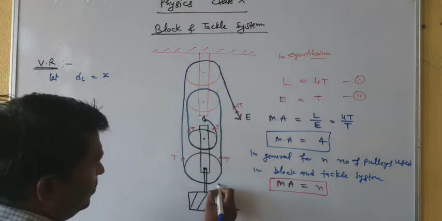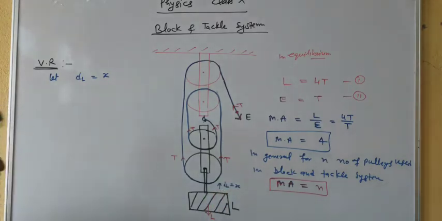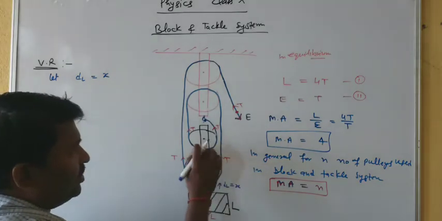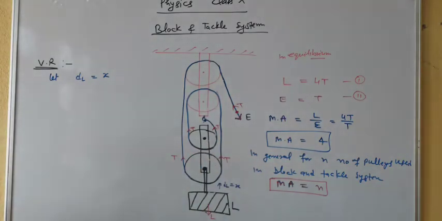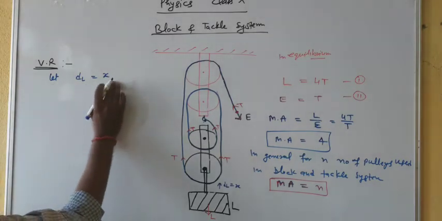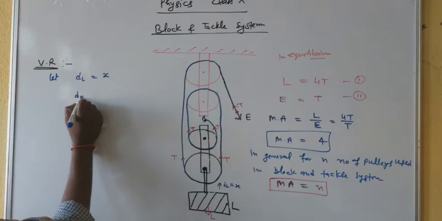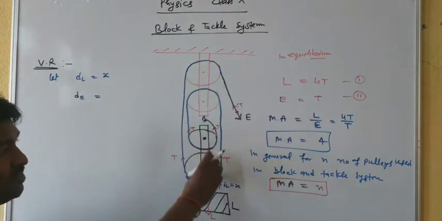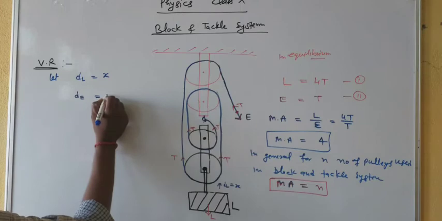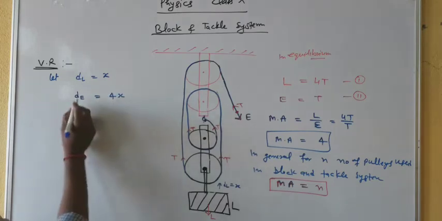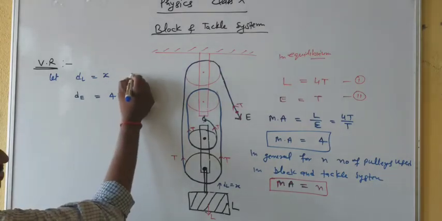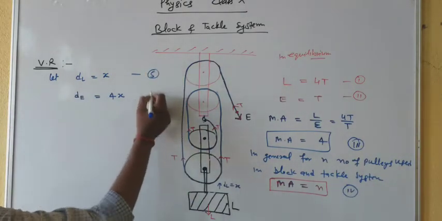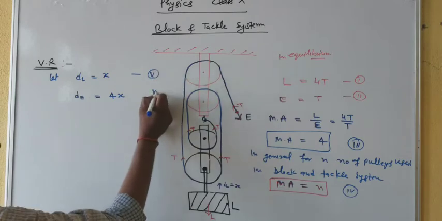If this load is displaced by x in the upward direction, since these 2 pulleys are movable, then the displacement of effort, since there is a single rope passing over all of the pulleys, due to the effect of these movable pulleys, will be 4x. These are equation numbers 5 and 6.